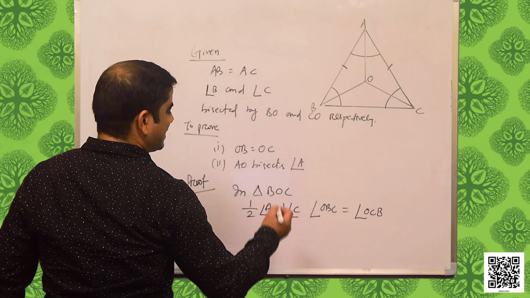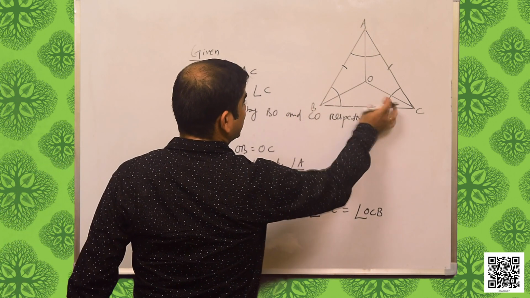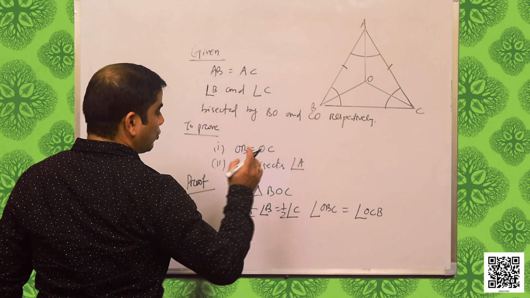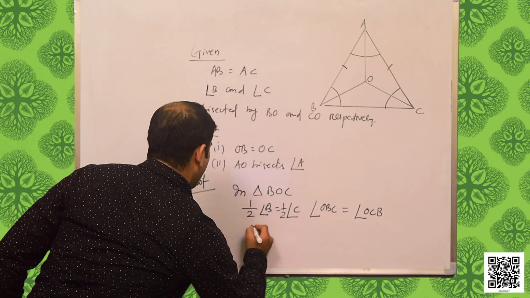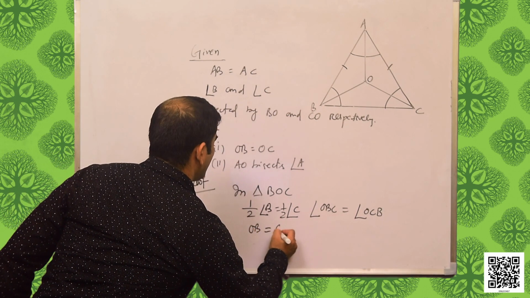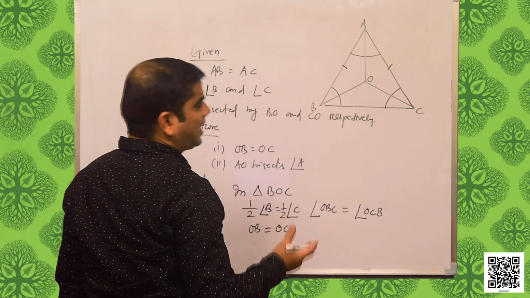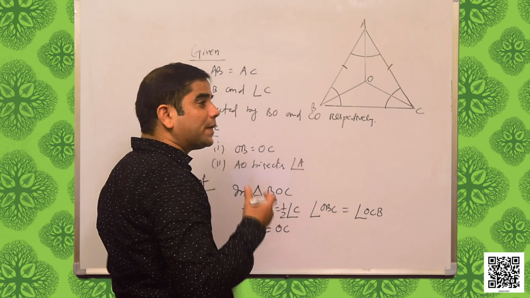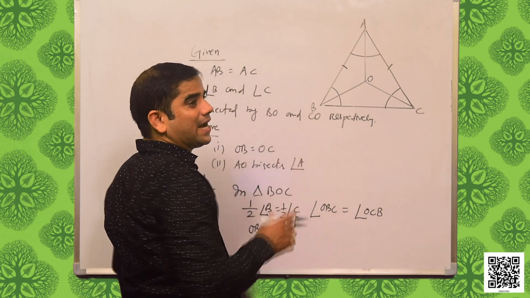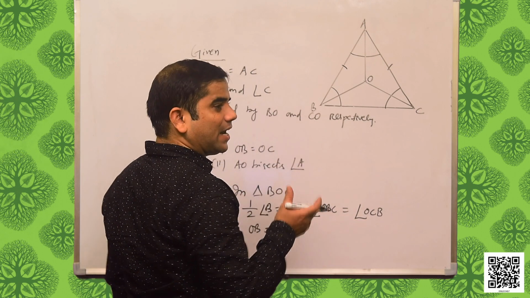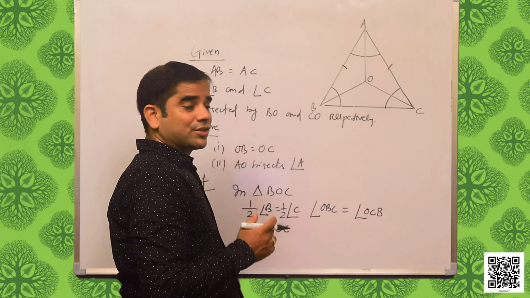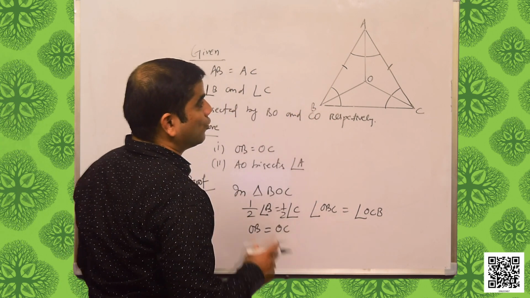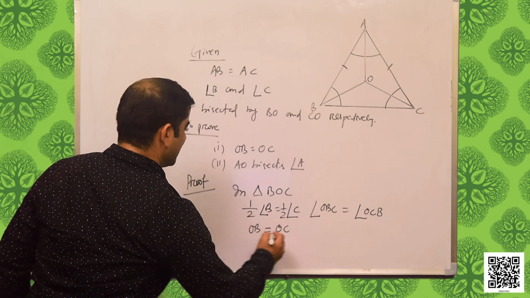As these two angles are equal to each other, in triangle OBC we have found that OB is equal to OC, as we know that the sides opposite to the equal angles of a triangle are also equal. That means OBC is an isosceles triangle.